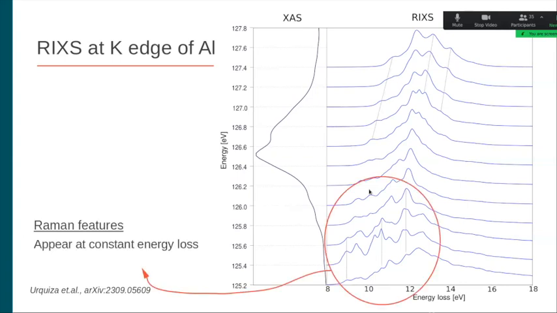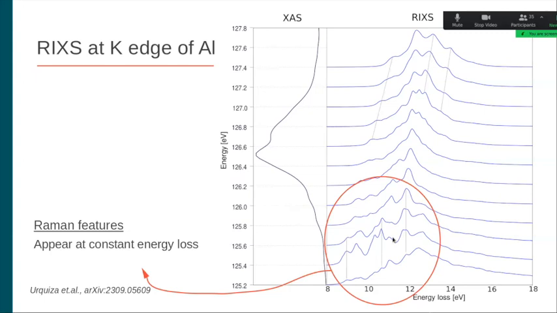On one side, we have here what we call Raman features, because they appear at a constant energy loss. And these Raman features are, I would say, the most important ones in RIXS, because they depend strongly on the incoming photon.